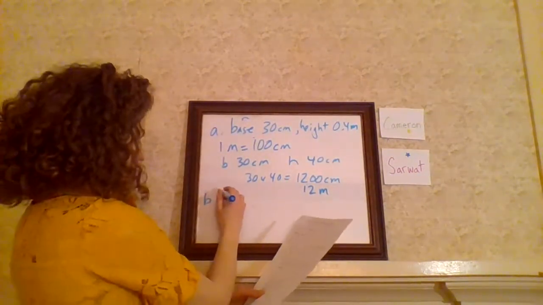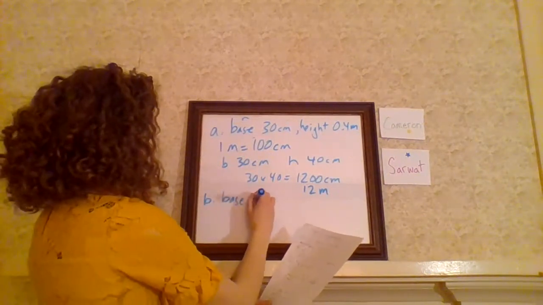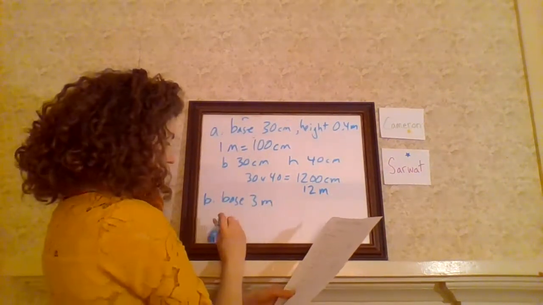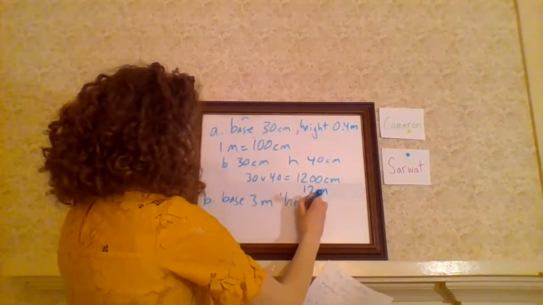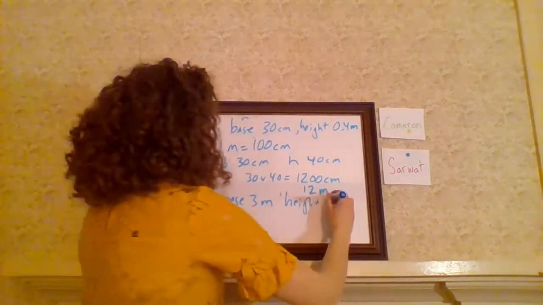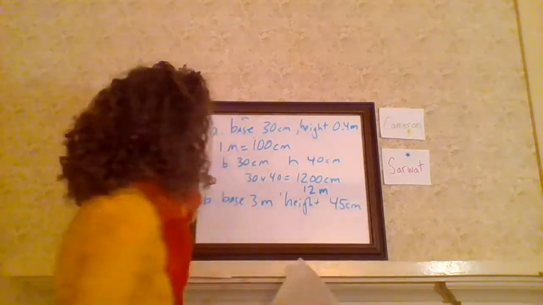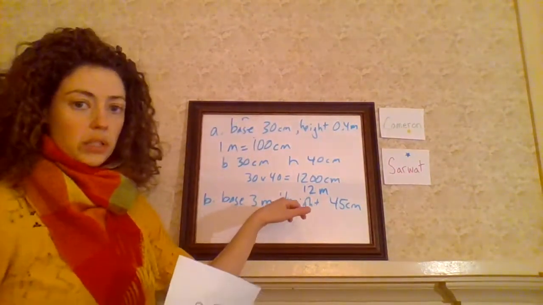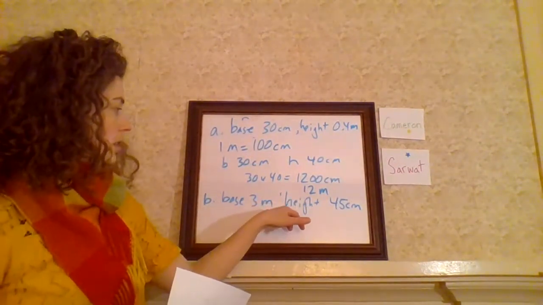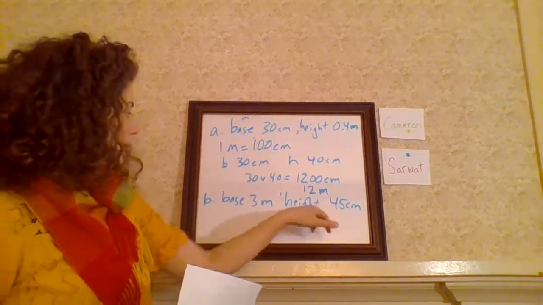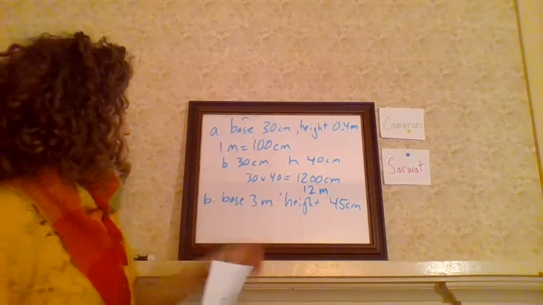Okay, so let's look at another one. If we have a base of 3 meters and a height of 45 centimeters, again, you can think, do you want to change the meters into centimeters or the centimeters into meters? Let's change this one.